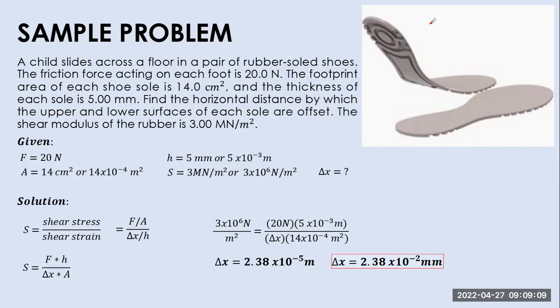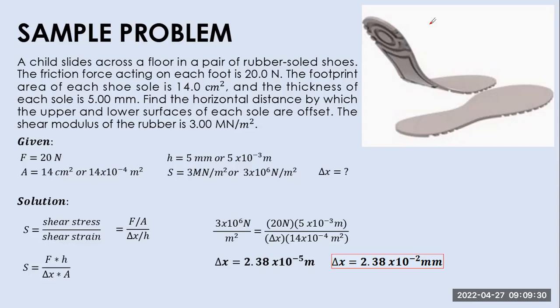Find the horizontal distance by which the upper and lower surfaces of each sole are offset, or the change in thickness. The shear modulus of the rubber is 3 mega Newton per meter squared.